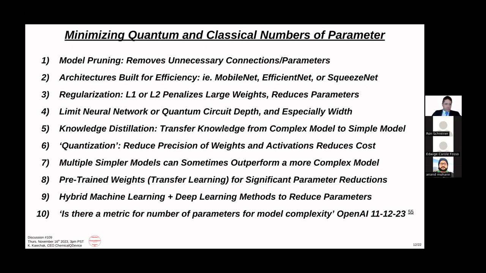Now, I haven't done a full study on the past 5 years of neural nets, but some of these are older, say for instance MobileNet, EfficientNet, SqueezeNet. So you may have some inefficiencies with larger models that just come with the territory. And regularization, L1 and L2, I've touched on this.